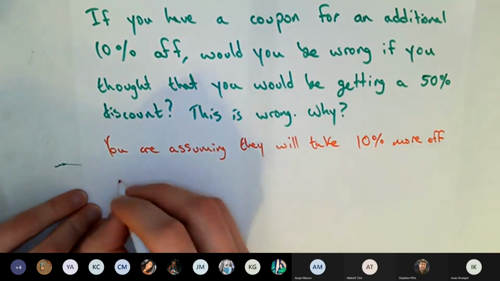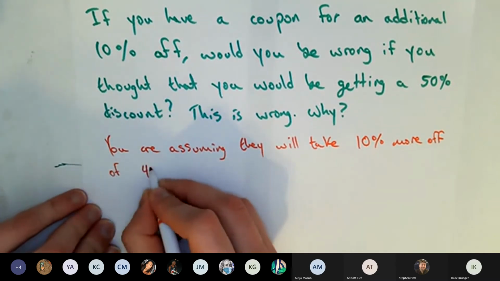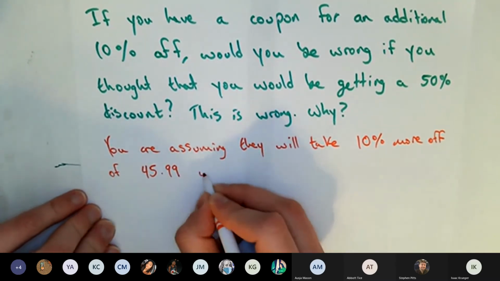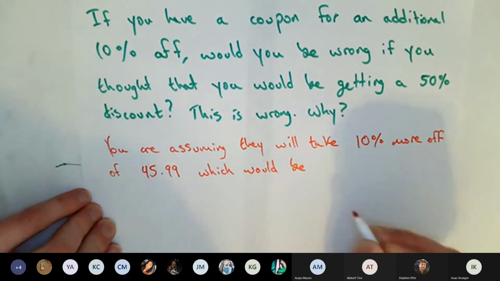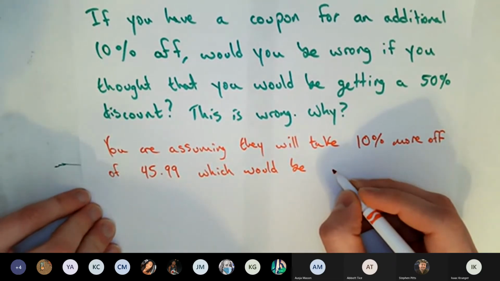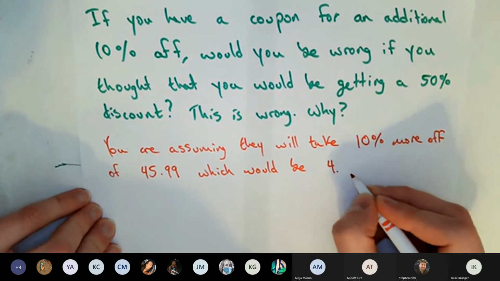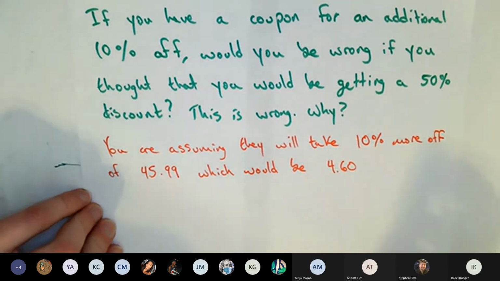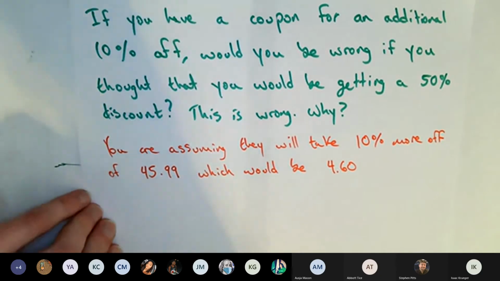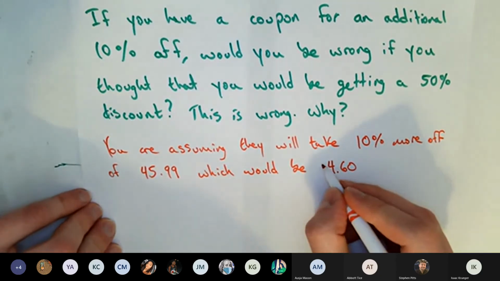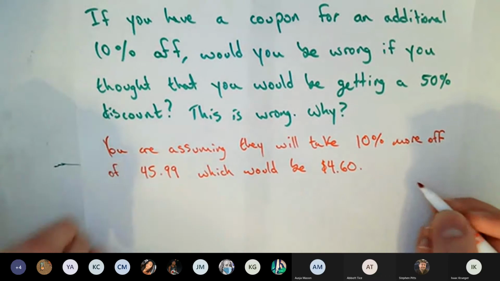They will take 10% more off of $45.99, which would be, by the way, just finding 10% of 45.99 and rounding correctly, $4.60.